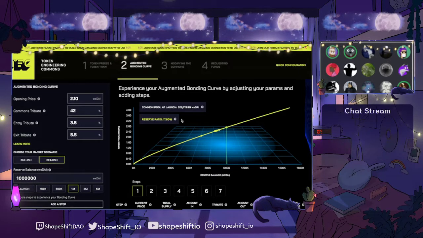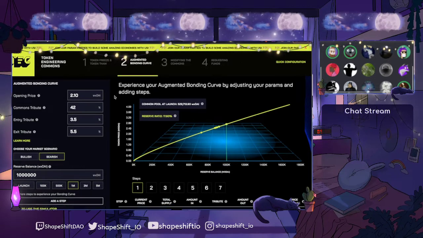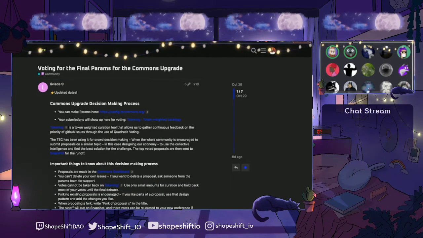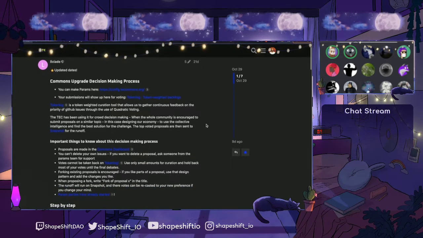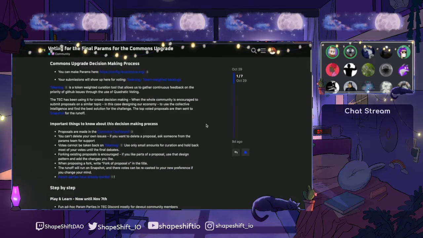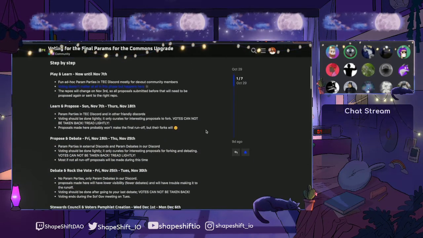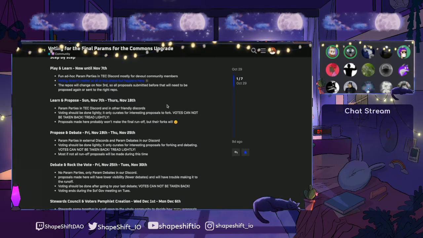Okay, everyone. Just to put you in a little bit of context about what's going to happen with these proposals: the decision-making process is in this great forum post that Livy made. Right now we are doing Param's parties and promoting these as educational events so that people can make these proposals.